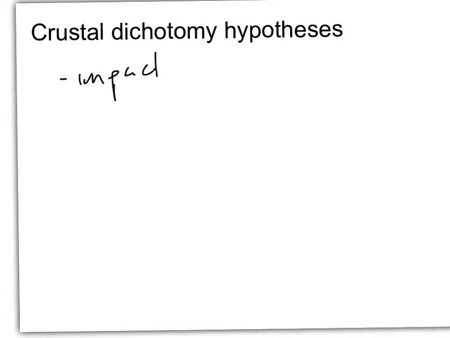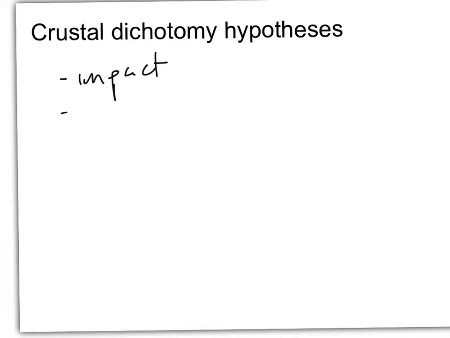Okay, one hypothesis is impact. You can imagine that if there was an impact even larger than the impact that made Hellas Basin and Argyre Basin, it would make an even larger basin, and that whole northern hemisphere might just be one huge impact basin.